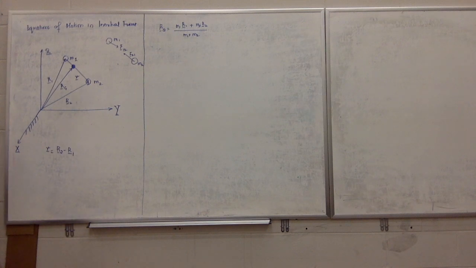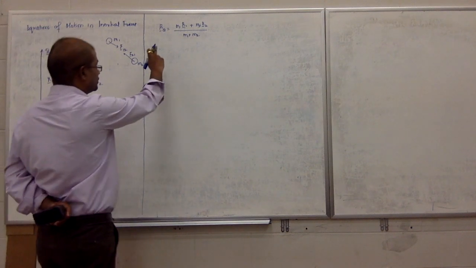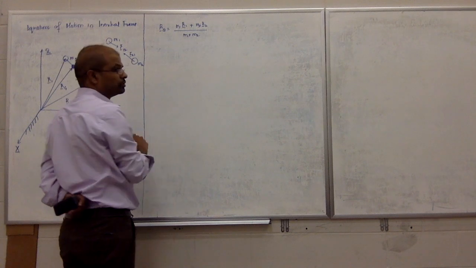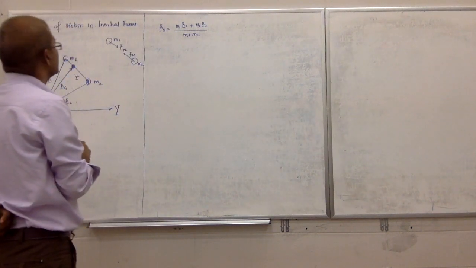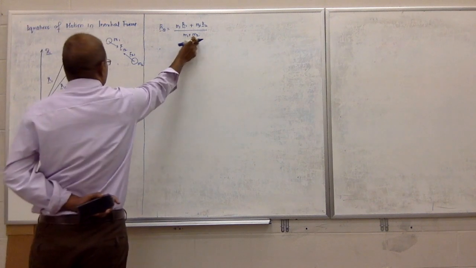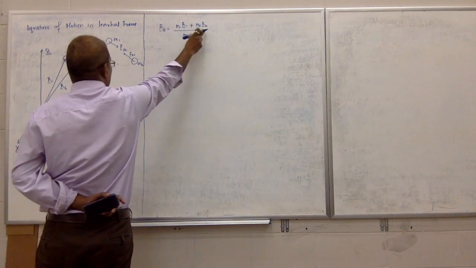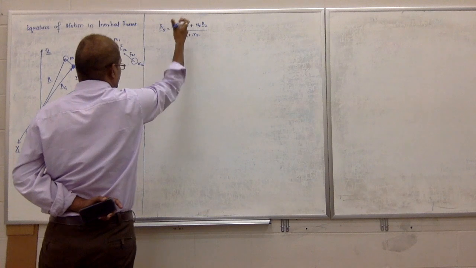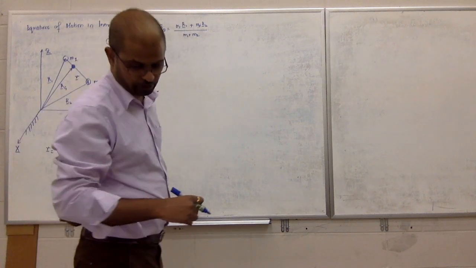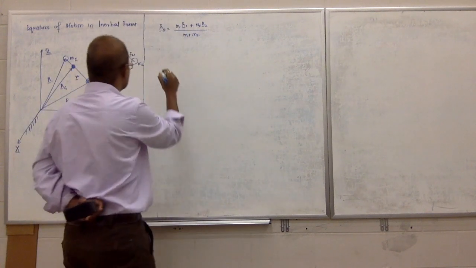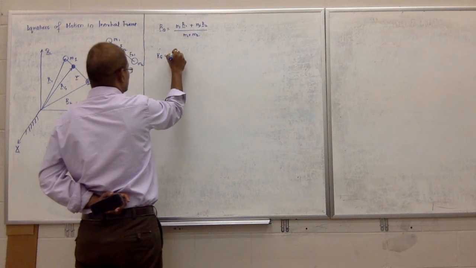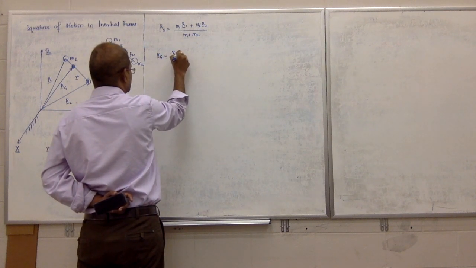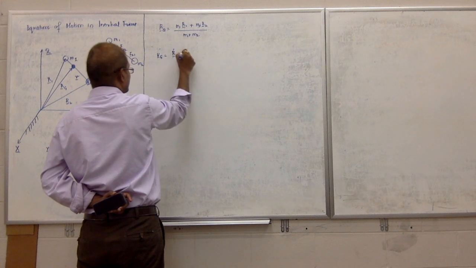You take M1 and M2 as masses. Essentially, what you are doing is this times this is equal to this; you just reverse that. Now, Vg is RG dot, correct?